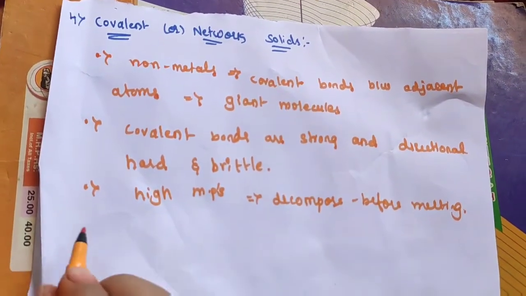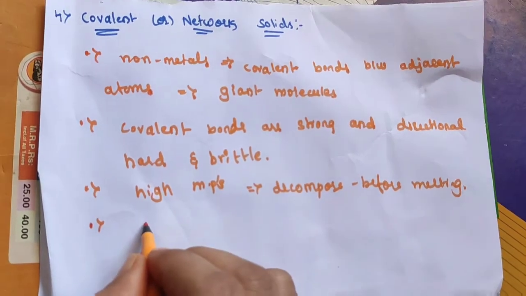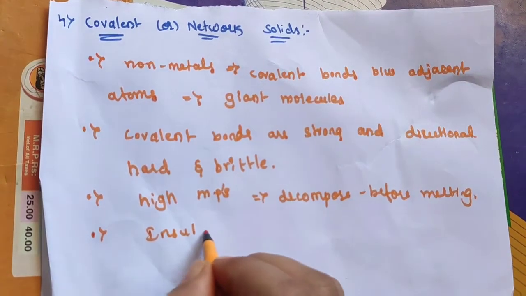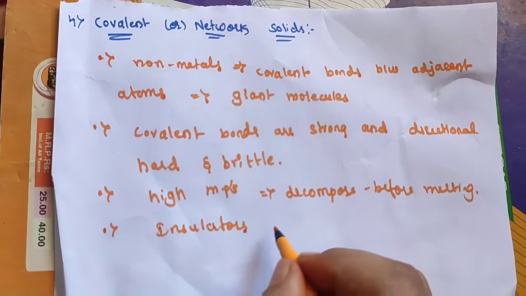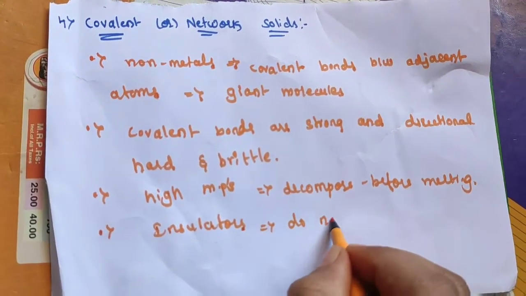Another important characteristic is that they are insulators. These covalent or network solids are insulators, meaning they do not conduct electricity.